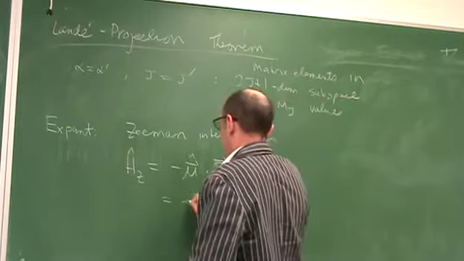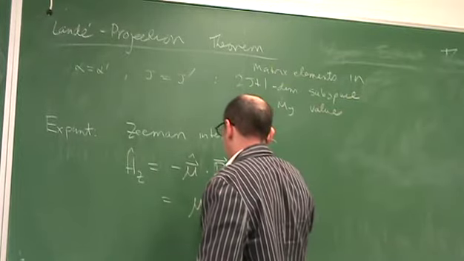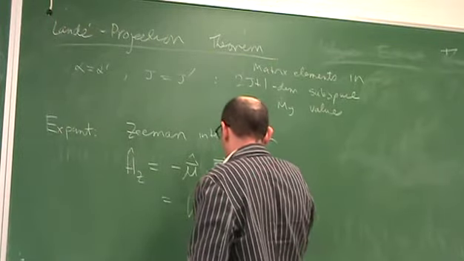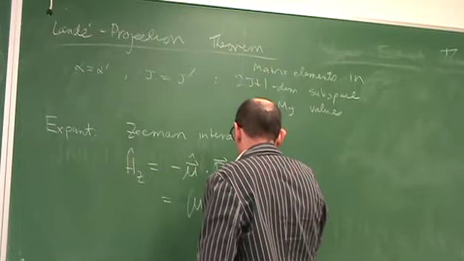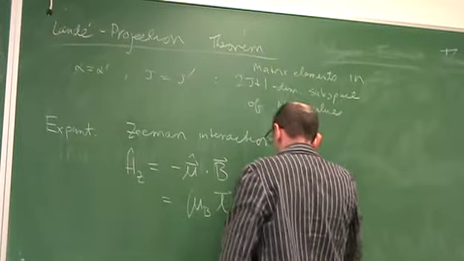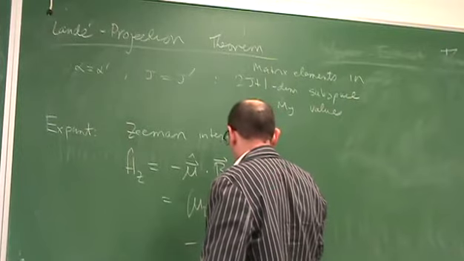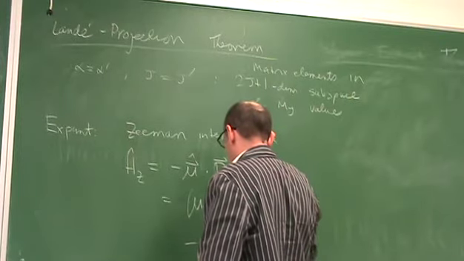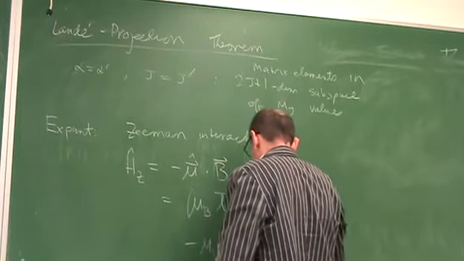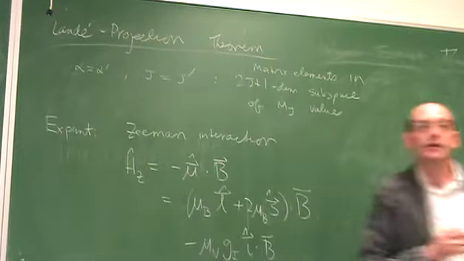Now, this is equal to mu B L plus 2 mu B S dot B minus the nuclear magneton times the g factor times I dot B. Okay?